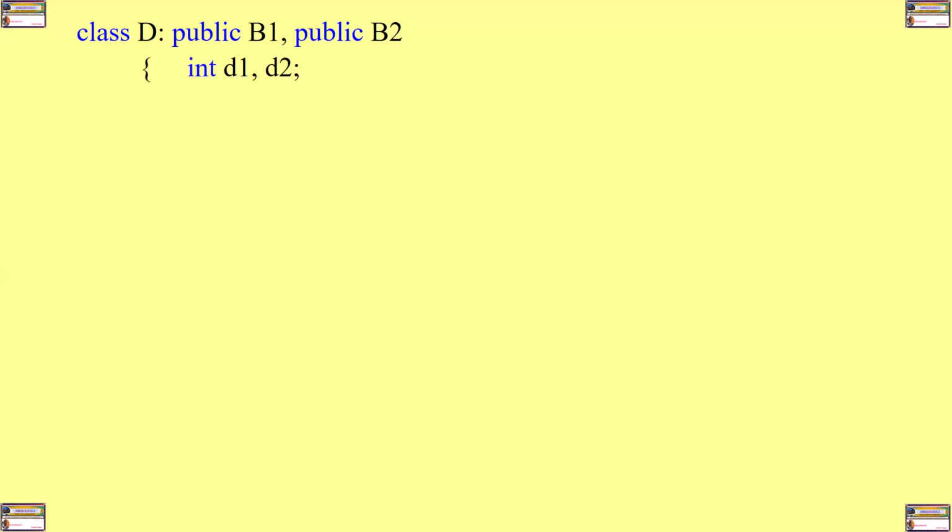The definition for it is that we have two data members called D1 and D2 of type integer, and we also have a public method, and this method is a constructor.